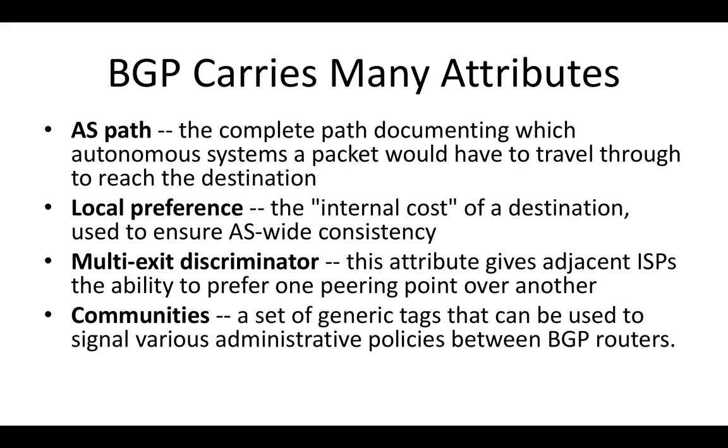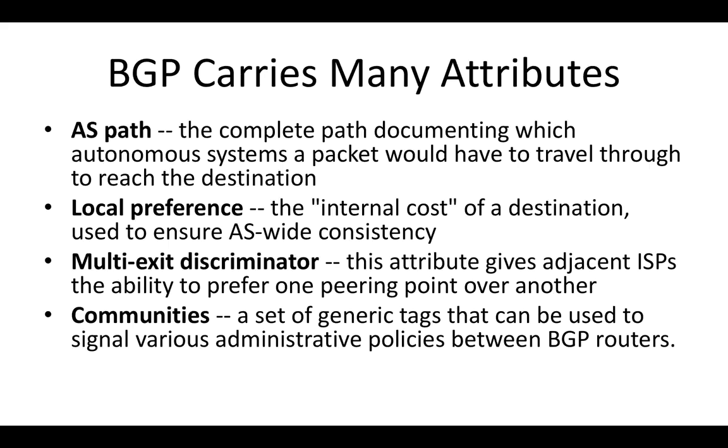What this is, is the listing of autonomous systems that you need to cross to get from point A to point B. So if you want to think about it in a way like RIP, where RIP was talking about hops and trying to get from point A to point B based off of hop count, one of the vectors that BGP takes into account is just that same thing. How many autonomous systems do I need to go through in order to get there?